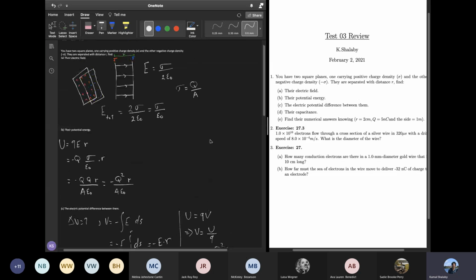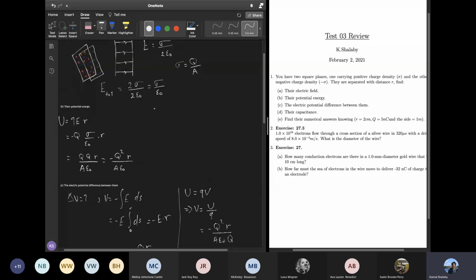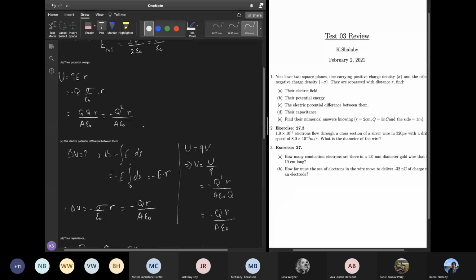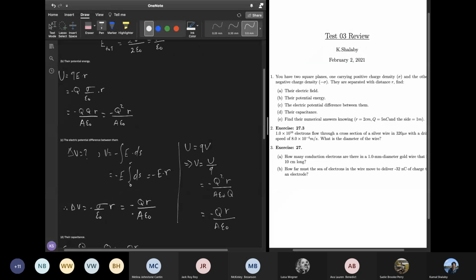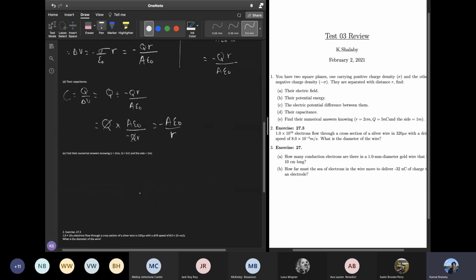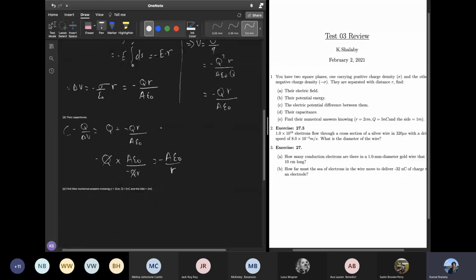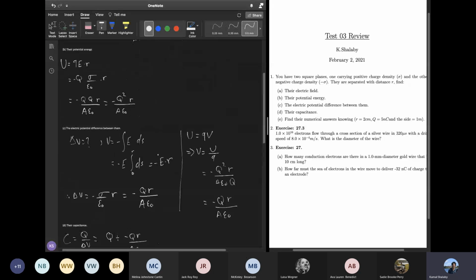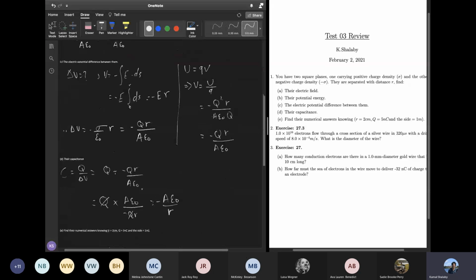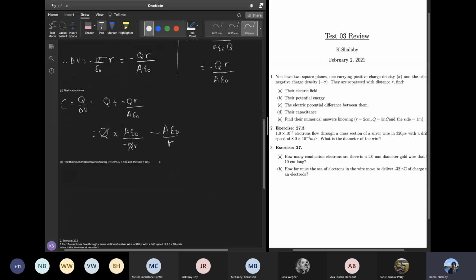Oh, well, then it depends where we're looking at. If you're looking from 0 to R, it should be negative Q. We're fine, I think. The negative is just arbitrary for your reference frame. If you change your origin to be here, the negative should go away. Okay, so no, we're good.